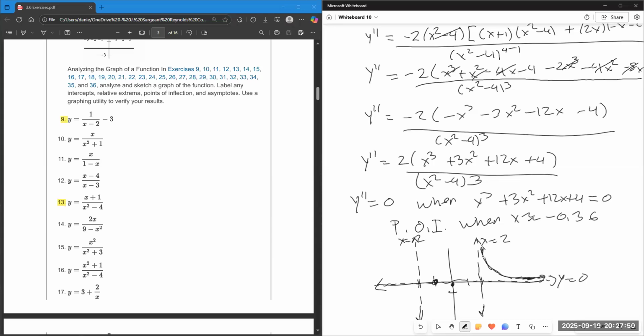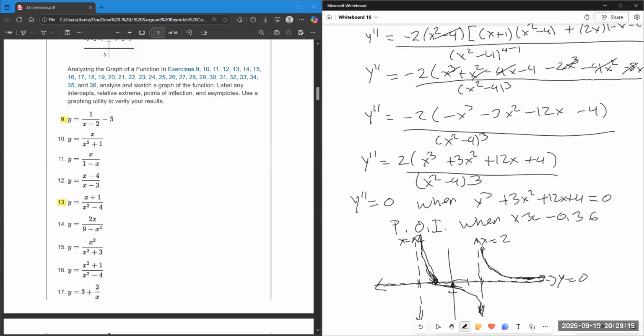When I approach 2 from the left, this is a positive number over a negative number. So that's going to go to negative infinity. I'm going to cross through and cross through again, and probably come up this way is what it looks like.